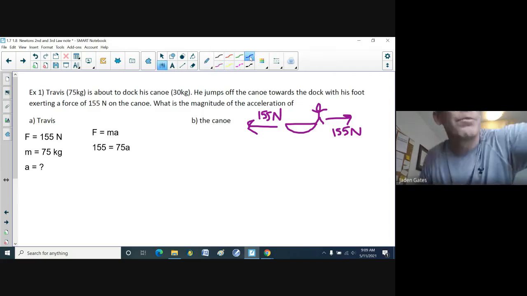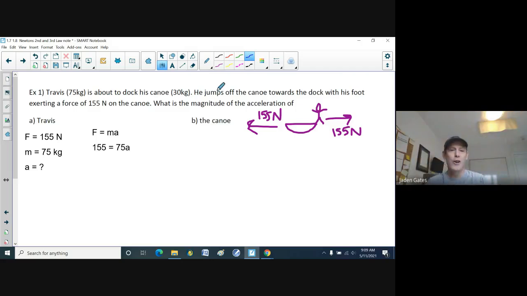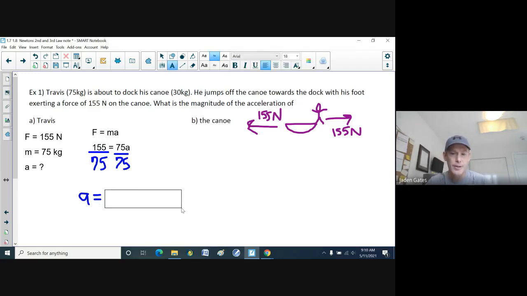I'm going to divide both sides by 75 to get a by itself. I take 155 and divide it by 75, and he accelerates at a rate of, going to 2 decimal places, 2.07 meters per second squared.